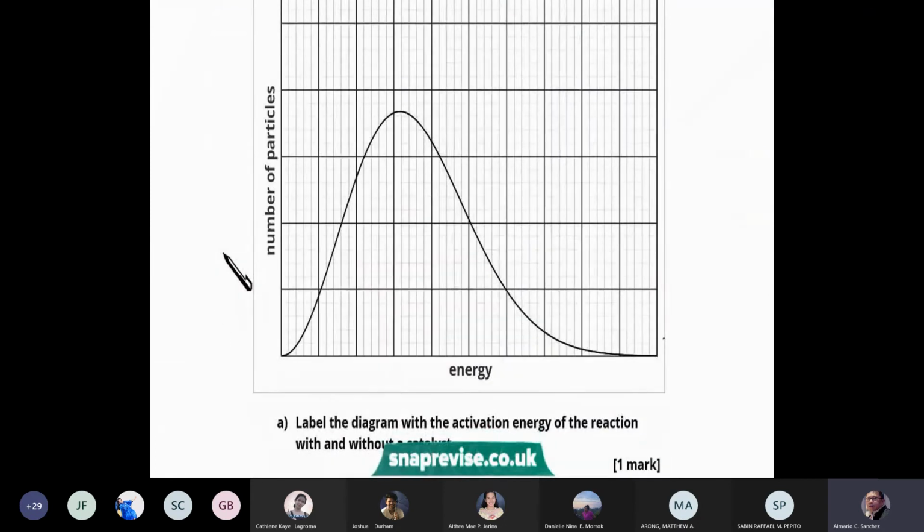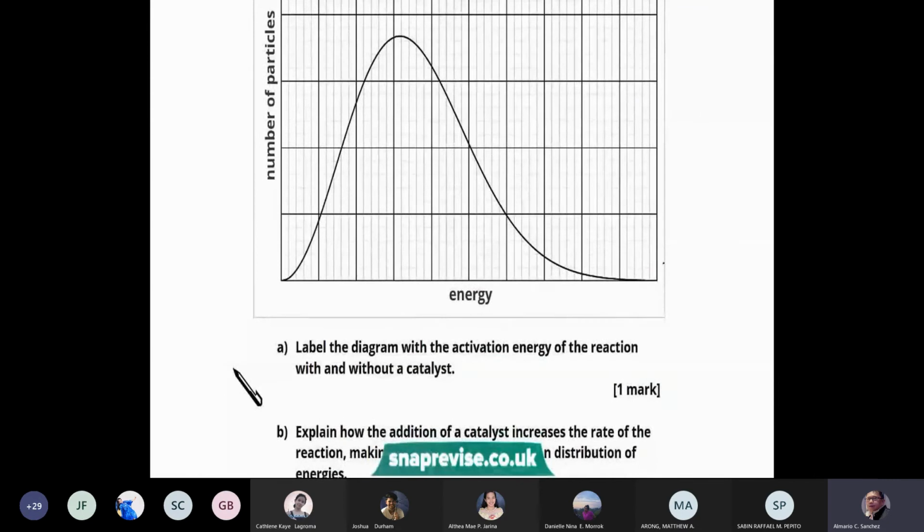Shown below is a Boltzmann distribution of molecular energies. We can see that here. In part A, we're asked to label the diagram with the activation energy of the reaction with and without a catalyst. So firstly, if we suggest an activation energy without our catalyst, might be somewhere around here. Not many particles have an energy in excess of the activation energy.